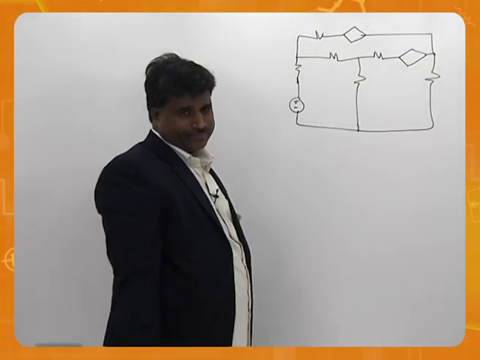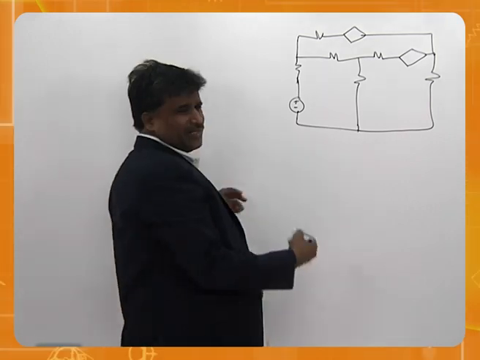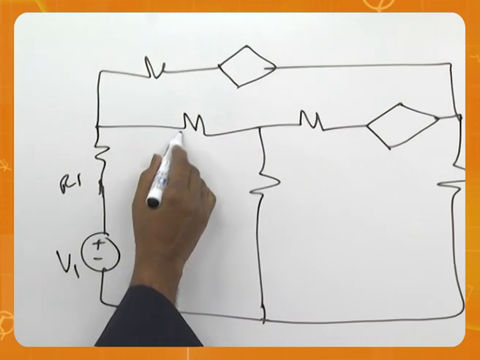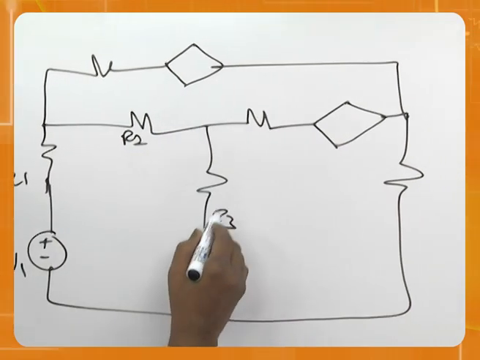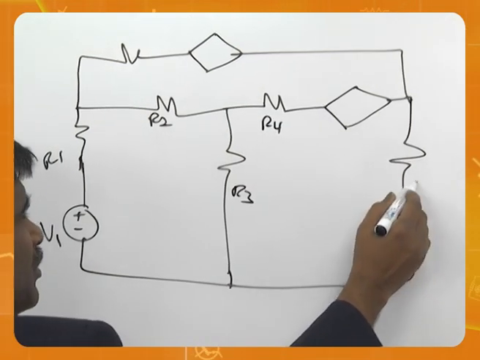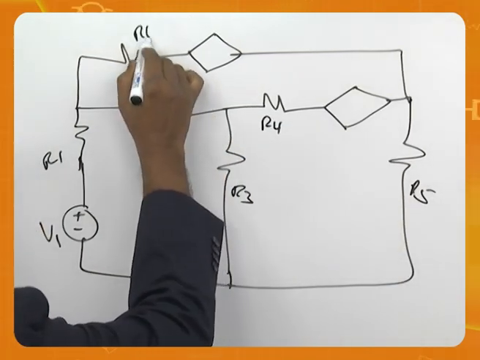That's the equation. So what exactly we have is, this is say for example V1, R1, R2, R3, R4, R5, R6.